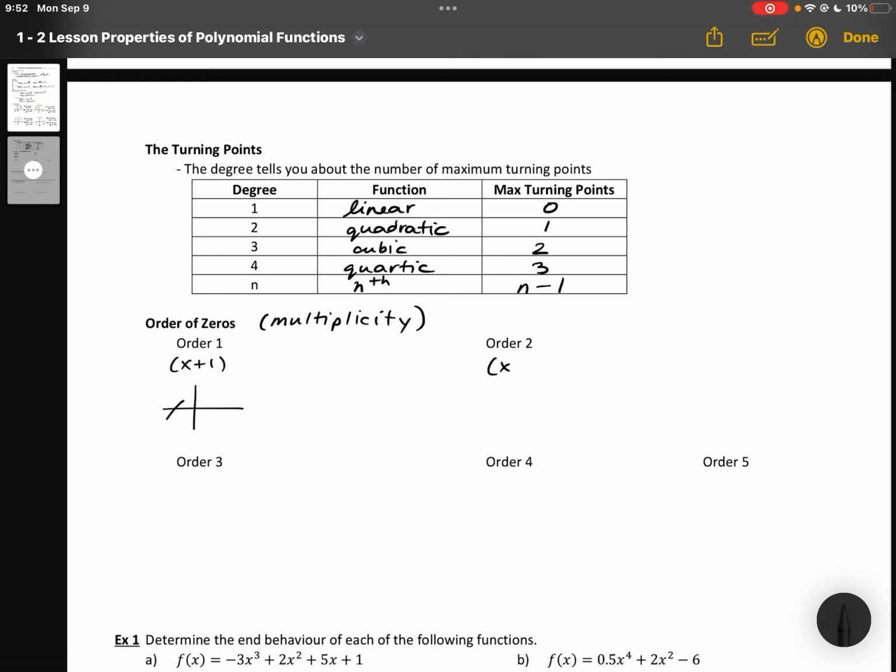If you have a 0 of order 2, that just means that the graph behaves like a parabola around that root. If you have a 0 of order 3, then the graph crosses but behaves like a cubic around that root. Order 4, we'll keep using x minus 3.